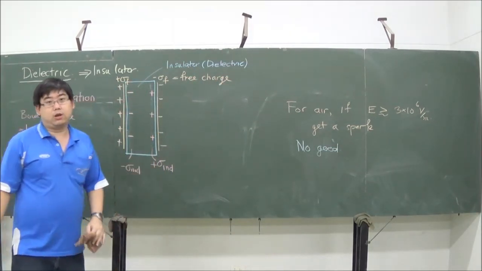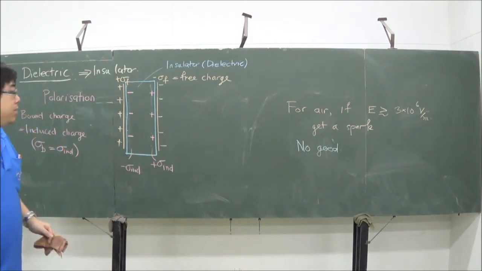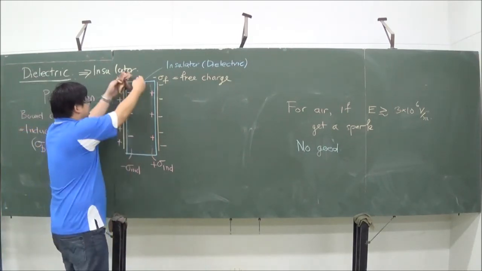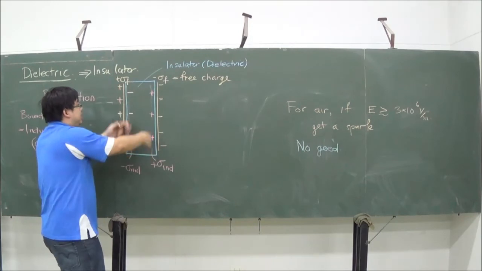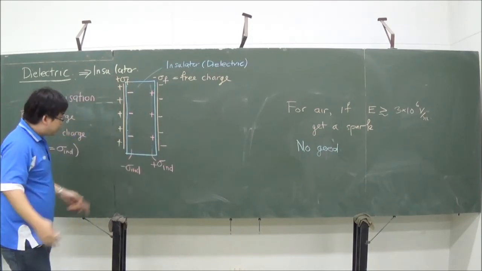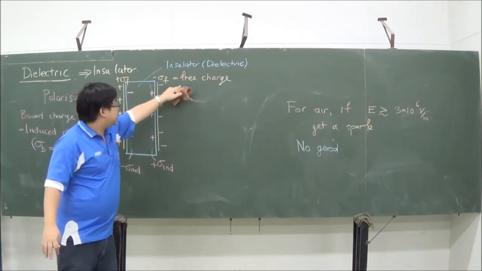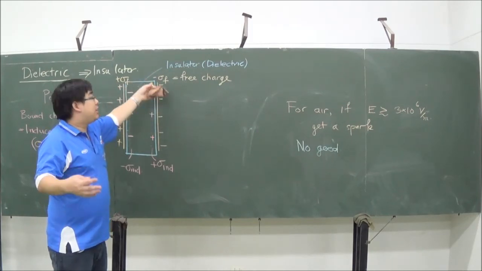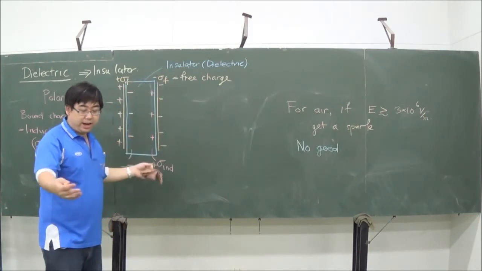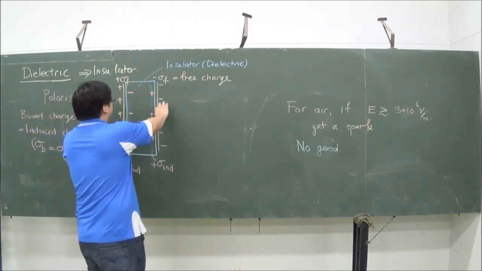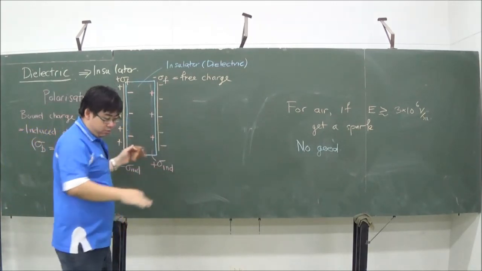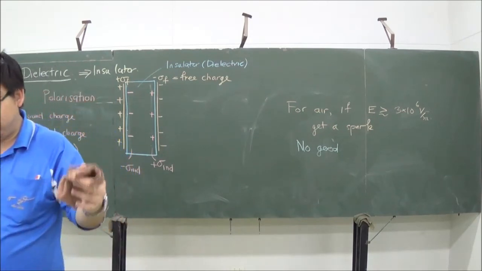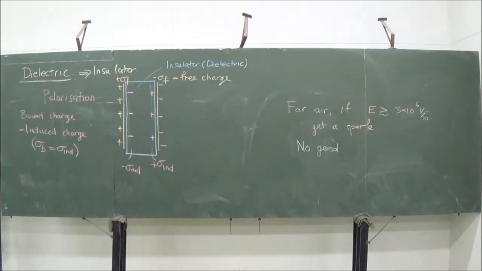Induced charge is the useless one, because these charges are fixed in the insulator. You can't use them. But this free charge could move around, and then we can bring this free charge out and turn it into electric current, and hence the energy.